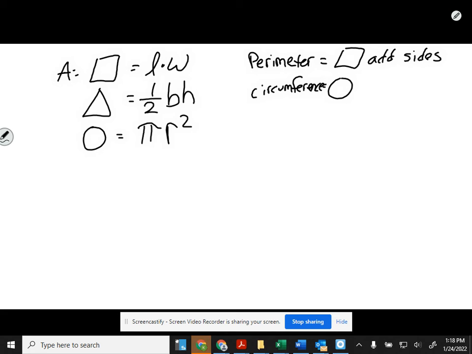That's what circumference means. It means going around the outside. The perimeter of a triangle is just adding up the outsides. So the circumference of a circle is 2 pi r.